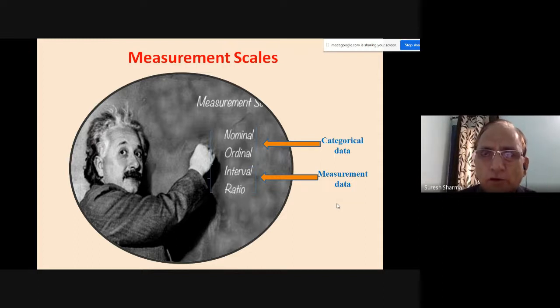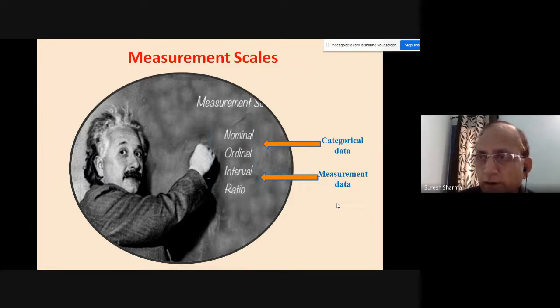And I can always make a statement that the person whose weight is 90 kg is double the weight of the person whose weight is 45 kg. Nothing wrong with that. Generally, we say that the age of the father is 3 times the age of the son. If the father is 45 years, the son is 15 years. So it's 3 times. Nothing wrong with that. So you can divide and multiply in ratio scale, which is not possible in interval scale, right?